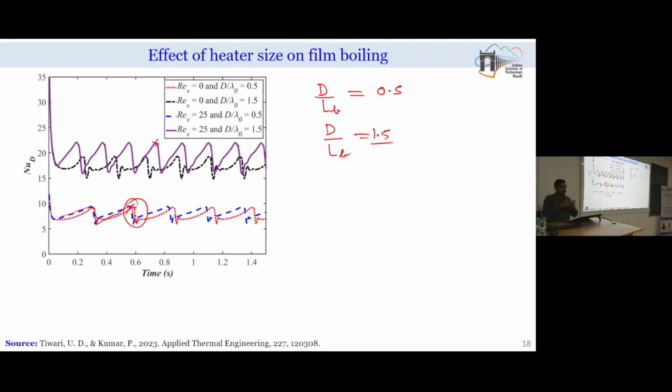If the heater surface is large, then the vapor influx will be more for the larger diameter case in comparison to the smaller diameter case. This is the reason the number of vapor bubbles forming in a given time for larger diameter will be more in comparison to smaller diameter. Here you can see the cycle time of a single bubble evolution cycle is more for smaller diameter, whereas this cycle time is smaller for the larger heater surface. Is this one clear?